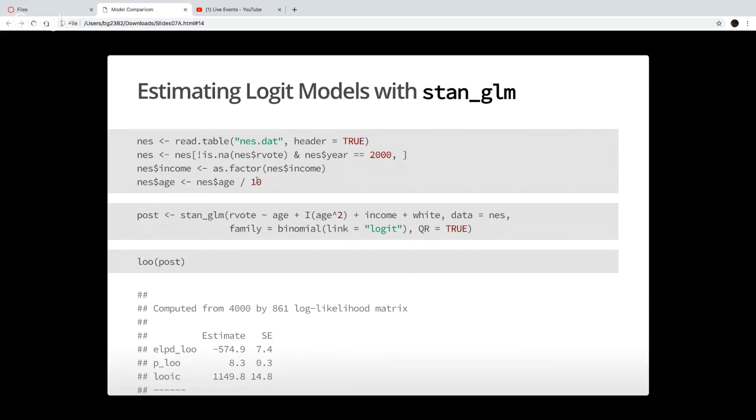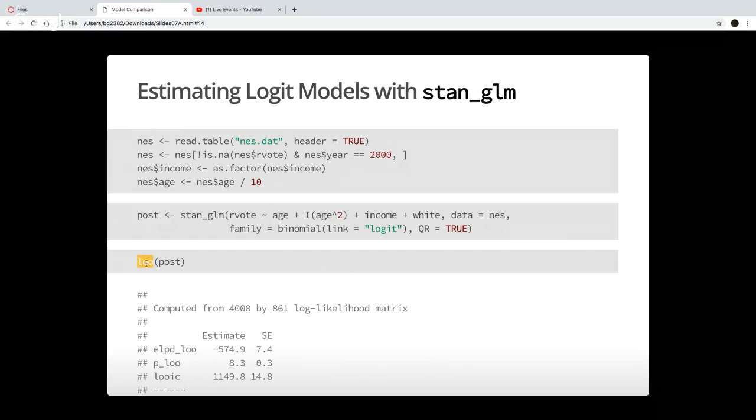We're not interested in a 1-year difference between people and their voting behavior, but maybe 10 years. That would have a big enough effect that we could hope to capture it. And so I estimate a logit model for whether you vote for George W. Bush instead of Al Gore, using the respondent's age, the square of their age, so there's a polynomial effect there, their income category, and whether they're white.